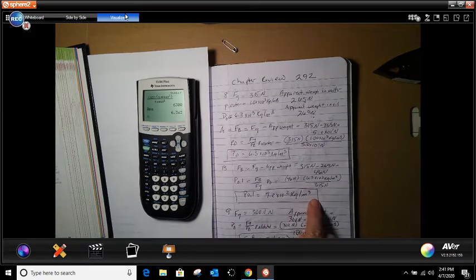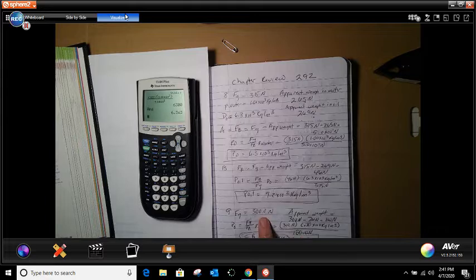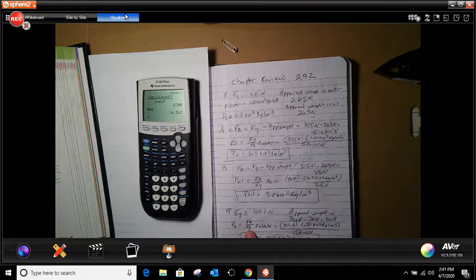Question number 9 says, a sample of an unknown material weighs 300 newtons in the air and 200 newtons when submerged in alcohol. The density of the alcohol is 0.7 times 10 to the third kilograms per meter cubed. What is the density of the material? We took the 300 minus the 200, which gave us 100. We're doing Fg divided by Fb and then times P alcohol.